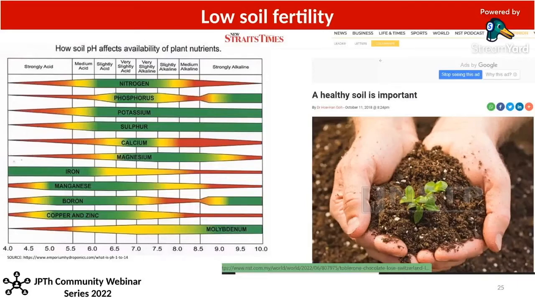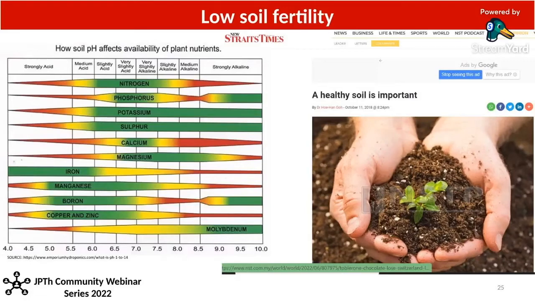These beneficial microbes play a vital role in the nutrient cycle. Our soil, on the other hand, in general has low pH, which is acidic soil, and also low soil fertility. Low soil fertility will translate in the end to a low yield if we cannot manage it to the next level.